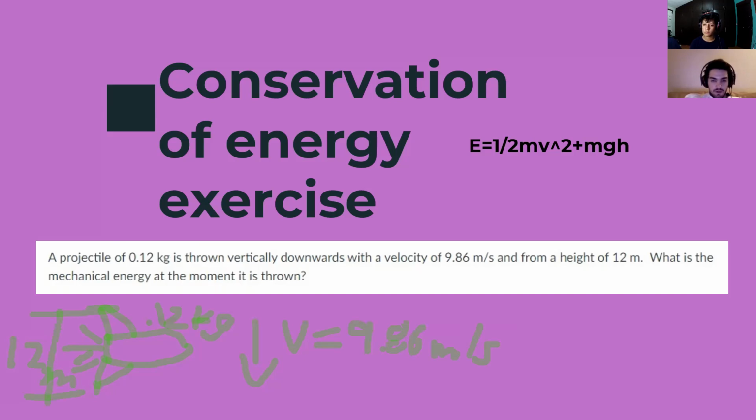And well, according to the formula, we only need to multiply 1/2 times the mass, that is 0.12, times the velocity, that is 9.86, and this we have to elevate to the square, and then we add again the mass, we already know it, that is 0.12 times the gravity, that is 9.8, times again the height, that is 12.